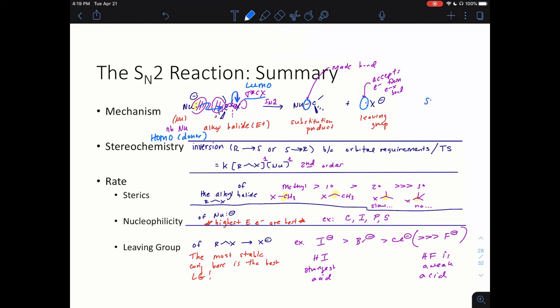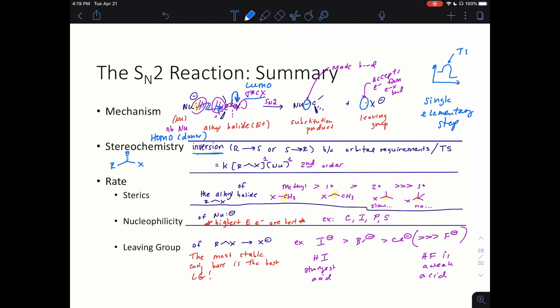It's awesome because it's a single elementary step, and that simplified our reaction coordinate diagram. We just had one step, right? And here's our transition state. Speaking of that transition state, because of it, we observe inversion of stereochemistry when the alkyl halide is chiral. If you have some alkyl halide, it has to be a secondary, right?